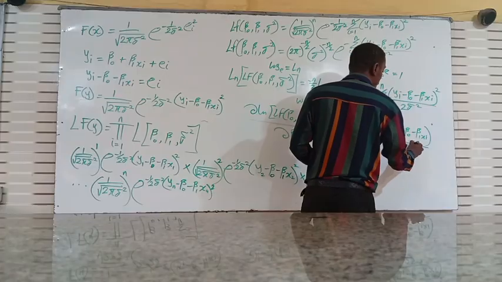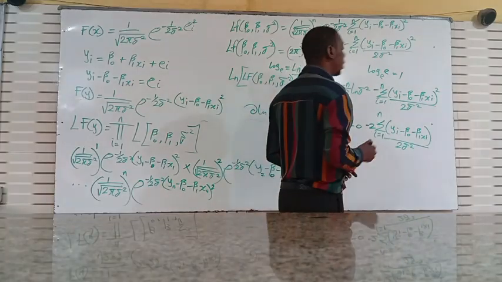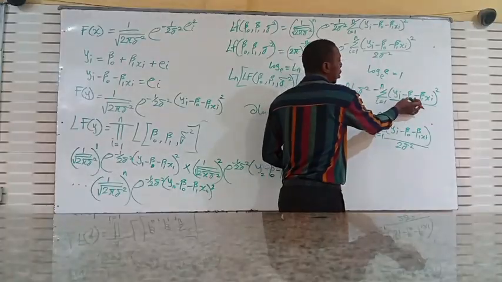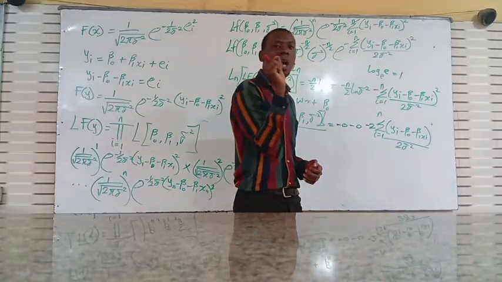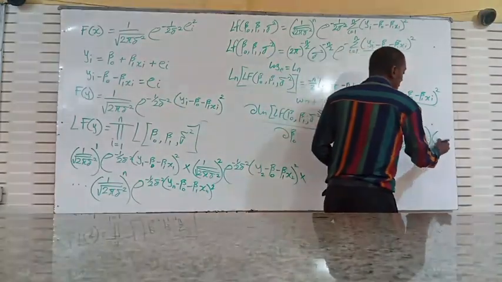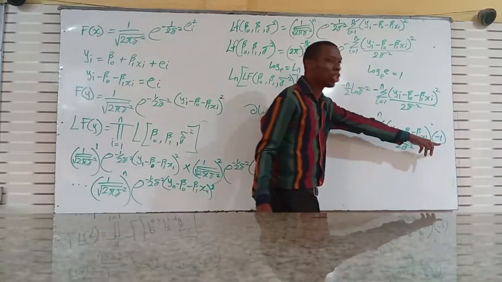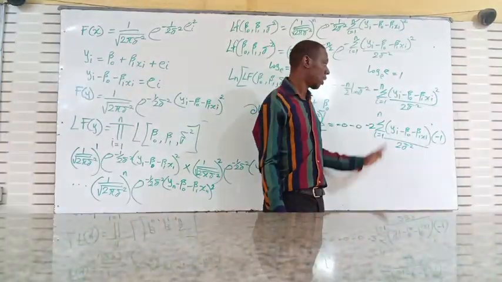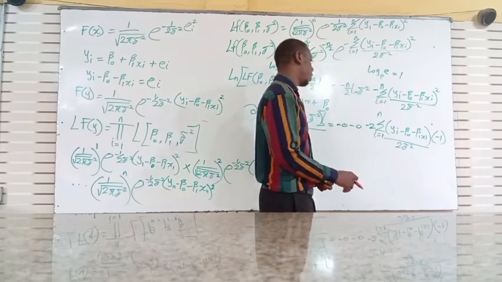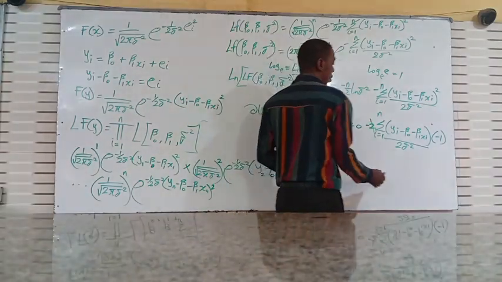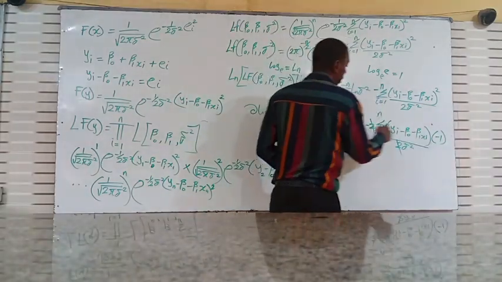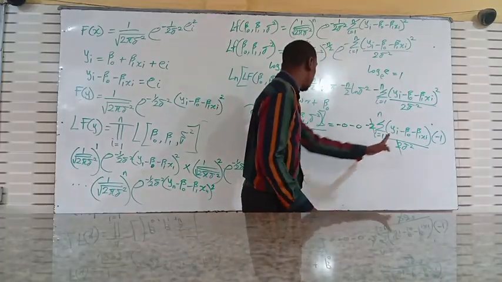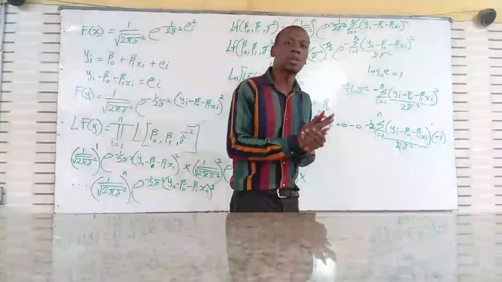Everything is all over this. Because we are differentiating with regard to b naught, what am I meant to have? I'm meant to have minus 1. That is a short way of doing function of function. So this 2 can cancel this 2, and minus 1 times minus this is, of course, positive. The result of the differentiation will be equated to 0.